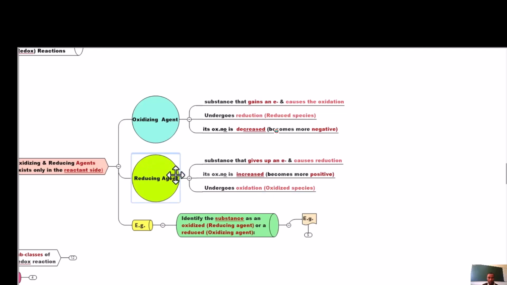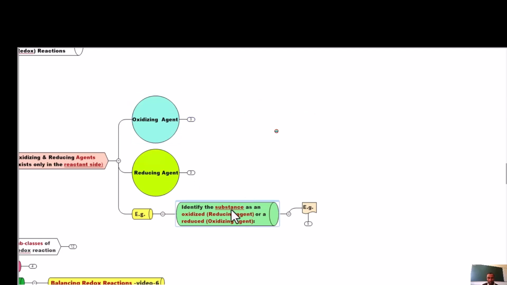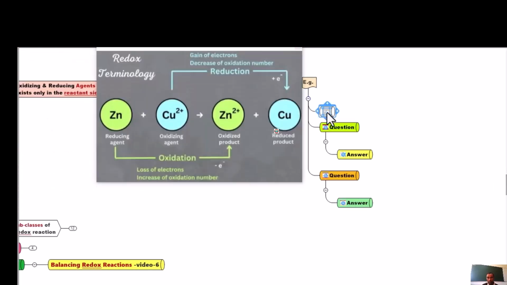Example: identify the substance as an oxidizing or reducing agent, or reduced or oxidized, in the following examples. 1. From this chemical reaction, it is clear that zinc is oxidized from zinc 0 to zinc 2 plus, so this is an oxidation reaction, and zinc is considered the reducing agent because it is oxidized.